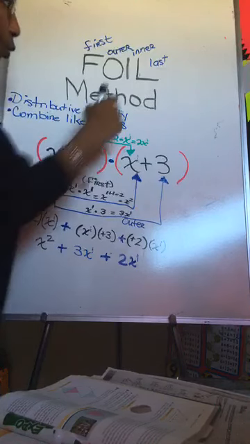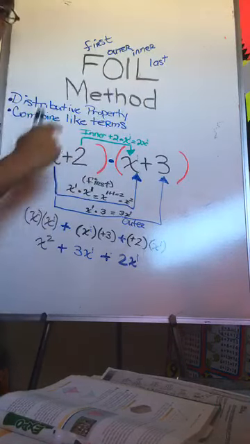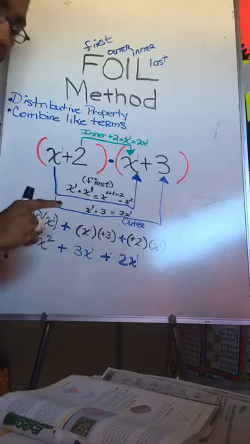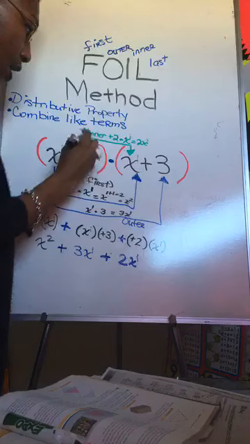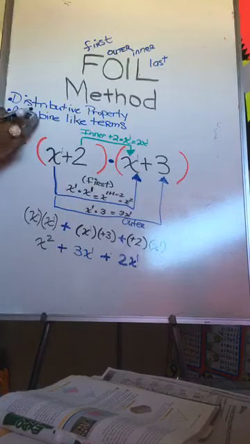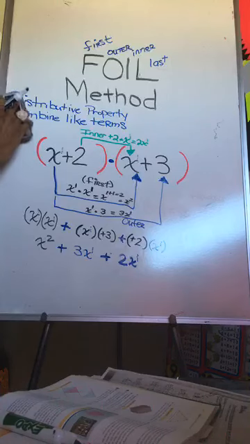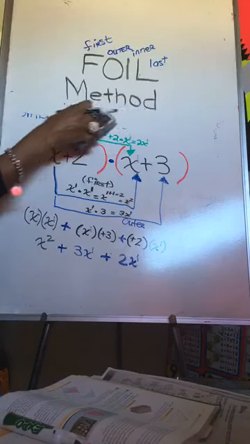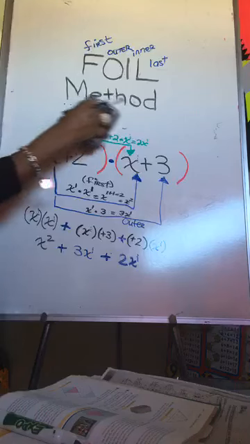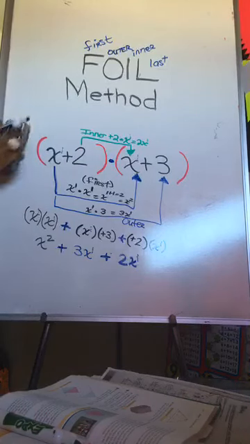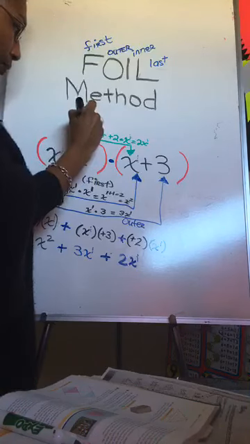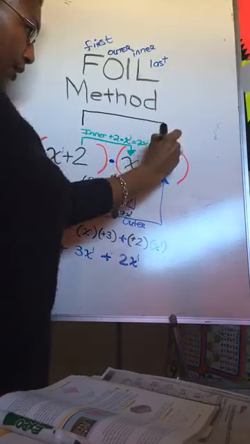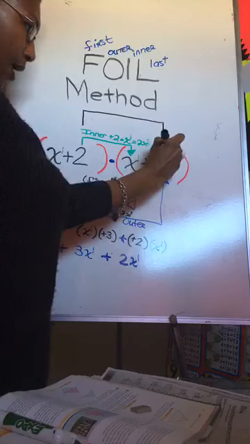All right. Now, we have L. L represents the last terms. So, I'm trying to do a different color. Okay. So, the last, I'm going to erase our vocabulary because I need that space up here. All right. So, the last term would be positive 2. Take that and drop down to positive 3.